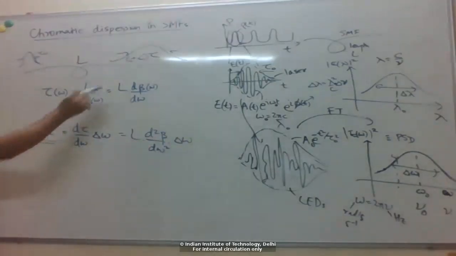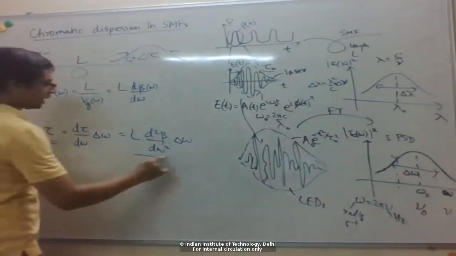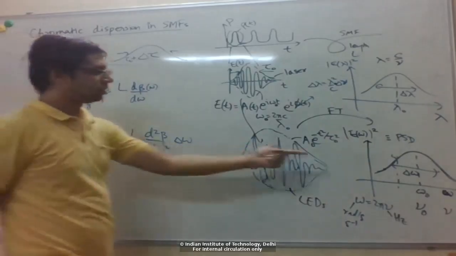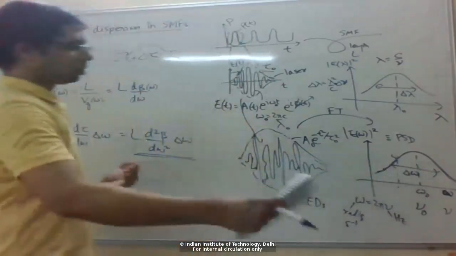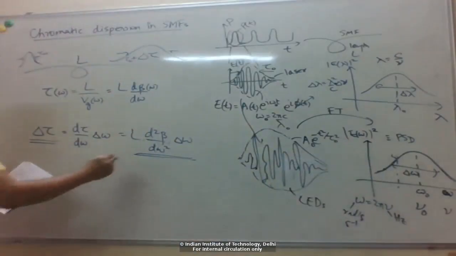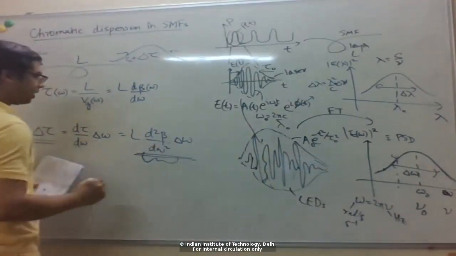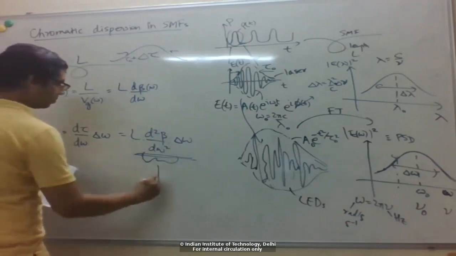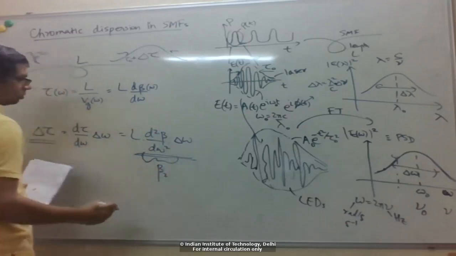So the temporal broadening here, delta tau, by how much the pulse spreads, you can see depends on the length, of course, right? The longer length you propagate, the more the pulse will broaden. It depends on bandwidth; again, the wider bandwidth you have, the more the broadening. And then it depends on the second derivative of the propagation constant with frequency, which is known as beta 2.